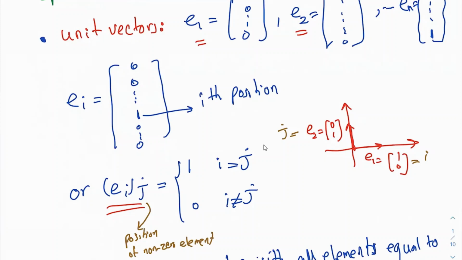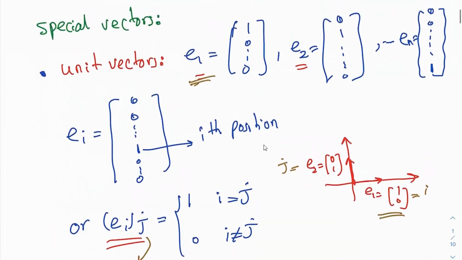So for example, E1 means this one, or this one, whichever you want to choose. And then 1 means the first coordinate, the first element. So e_ij is defined as follows. If i is equal to j, you have 1, otherwise you get 0, right?